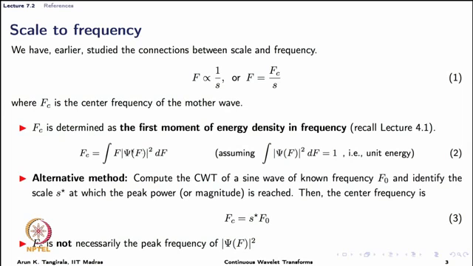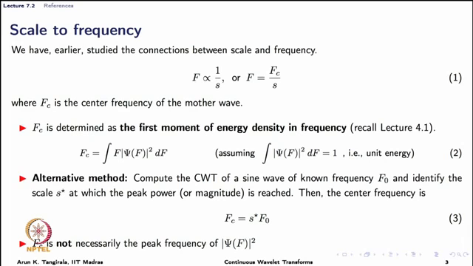Here our function is the mother wave itself, and this expression, of course, you may recall, assumes that the function for which I am computing the center frequency has been normalized to have unit energy. Here what that means is, in order to use this expression given in equation 2, I will have to ensure that the mother wave has been normalized to unit energy, which is generally the convention that is followed in wavelet analysis.